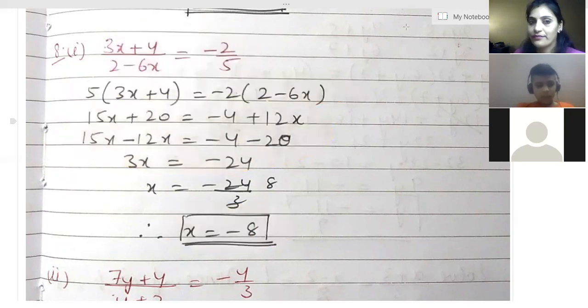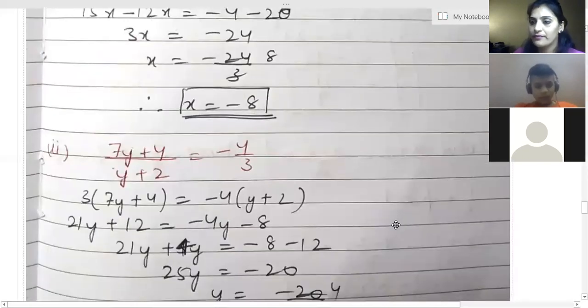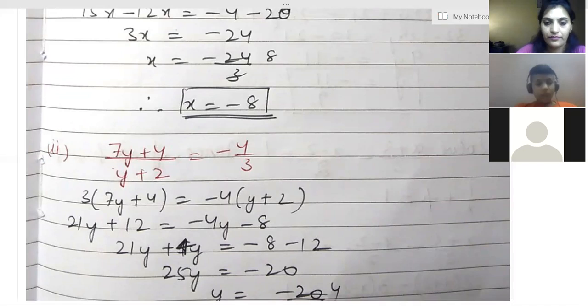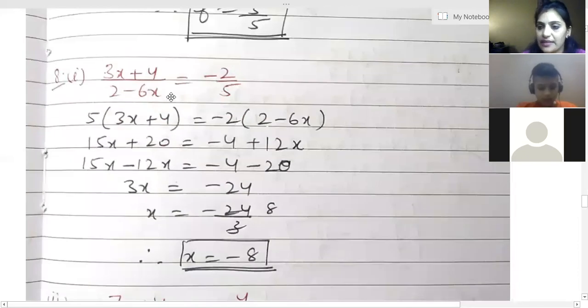Yes, ma'am. I'm clear. मैम एक बार दोबारा वाला क्वेश्चन दिखाना. This is the question. 3x plus 4 divided by 2 minus 6x is equal to minus 2 by 5.